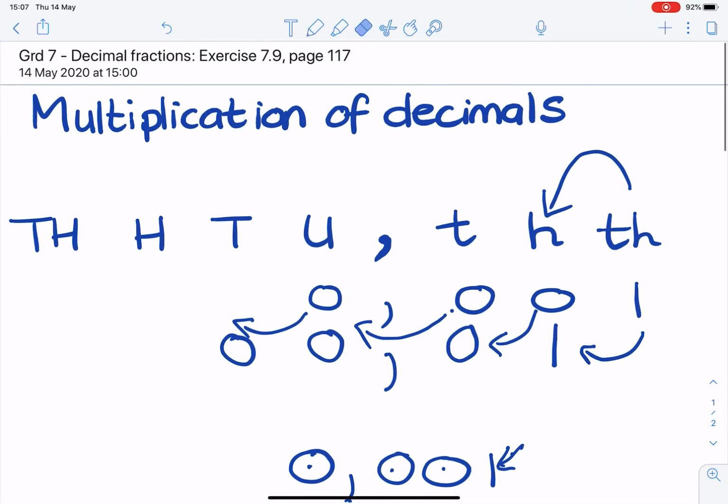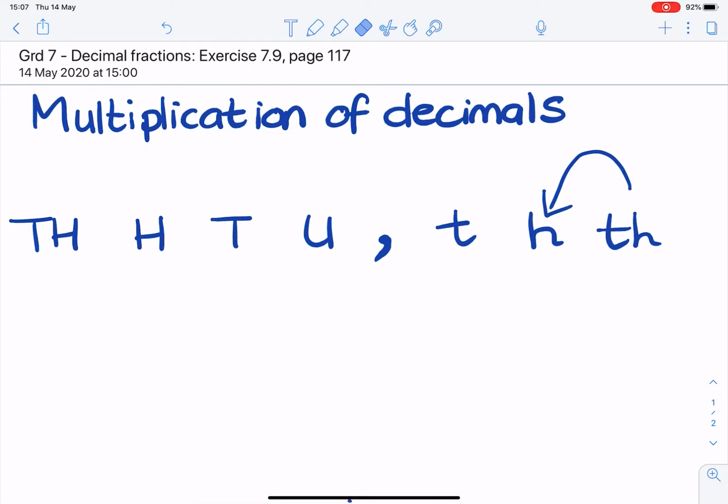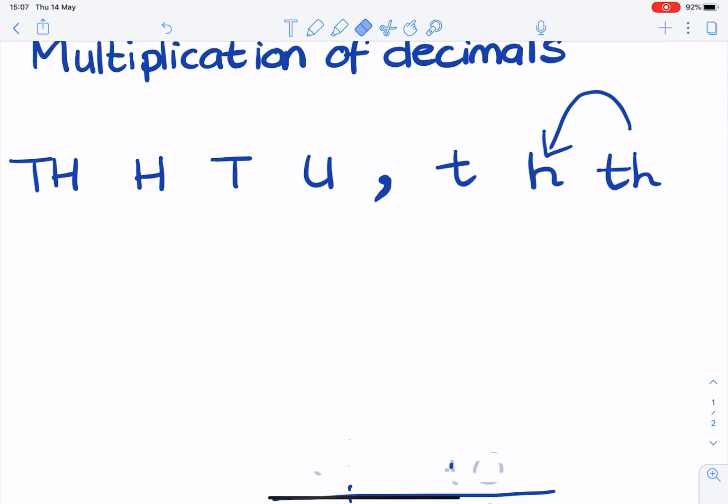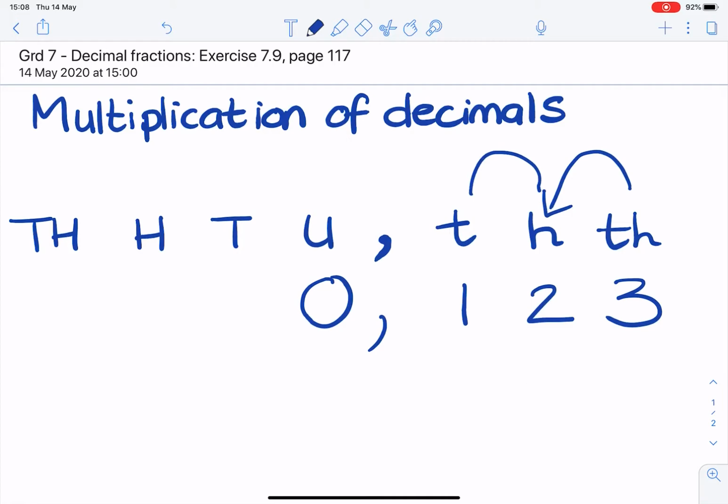Let's look at a few examples from the textbook. Let's take the number 0,123 and we want to multiply it by 10. Each number is going to go one space to the left.